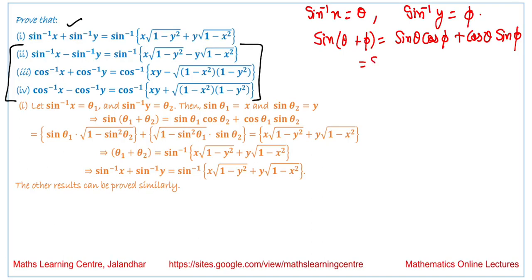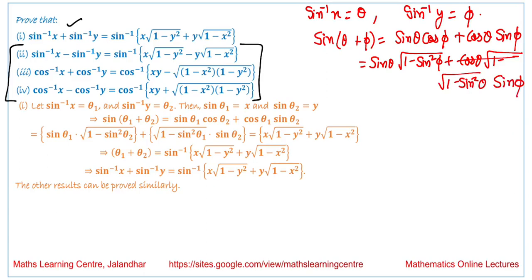We can write this as sine theta times square root of 1 minus sine square phi plus square root of 1 minus sine square theta into sine of phi, and this value comes out to be x into square root of 1 minus y square plus y into square root of 1 minus x square.